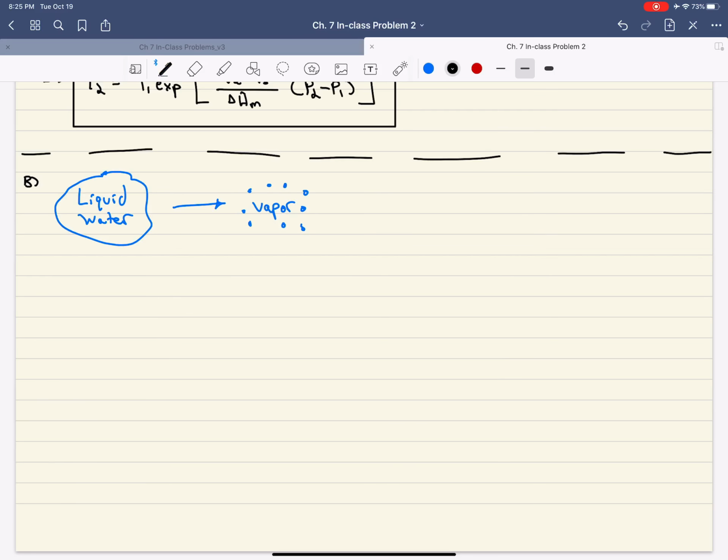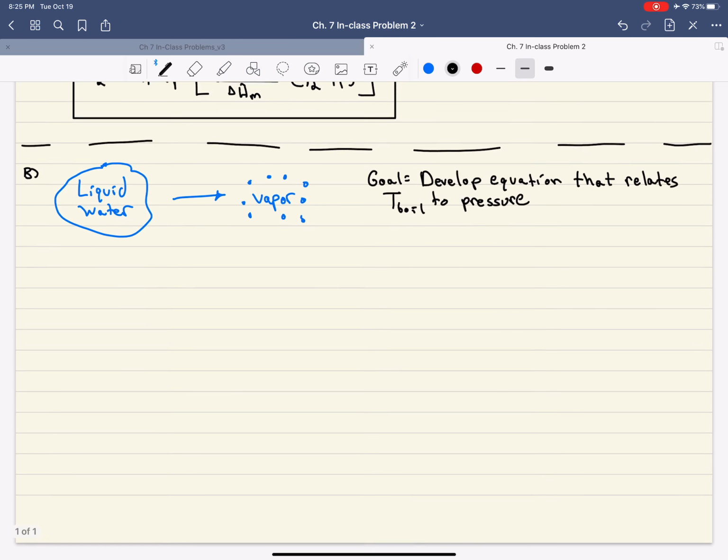And the goal of this part is to develop an equation that relates the boiling point temperature to the environmental pressure. And so once again, with this type of problem, we're going to start with the Clapeyron equation.